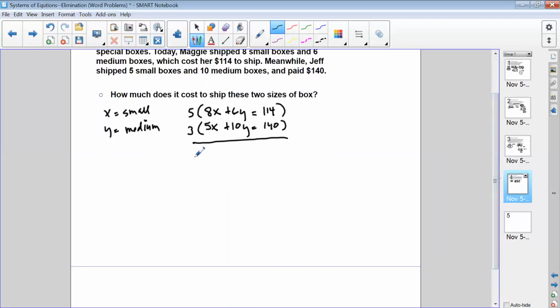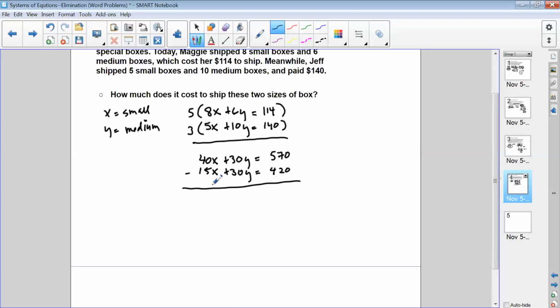Distributing the 5 to everything gives me 40X plus 30Y, and 114 times 5, I get 570. Distribute the 3 to every term, I get 15X plus 30Y, and 140 times 3, I get 420.